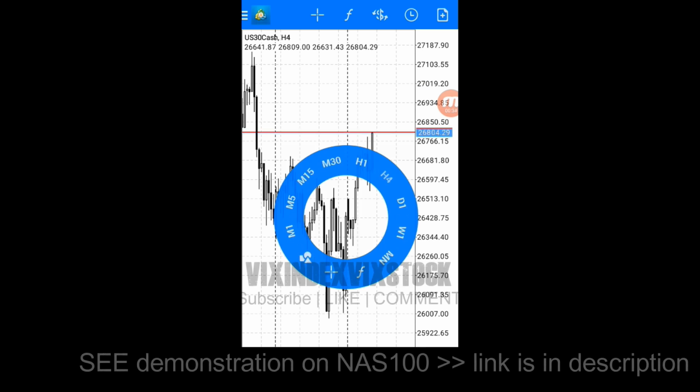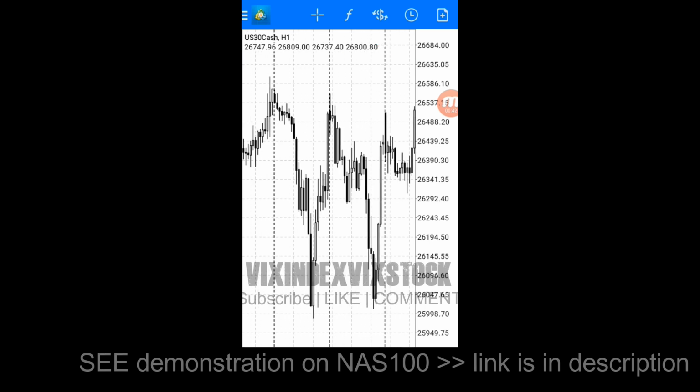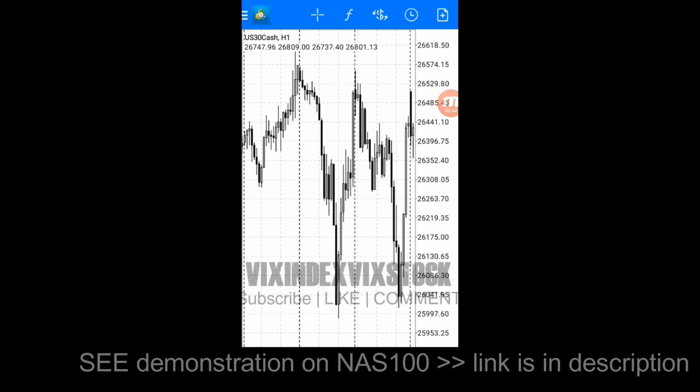You can use it to trade NAS 100 and you can use it to trade US30. I think that's the Dow. I'm not sure, you will correct me.